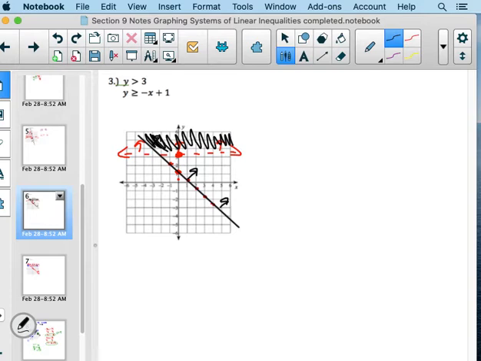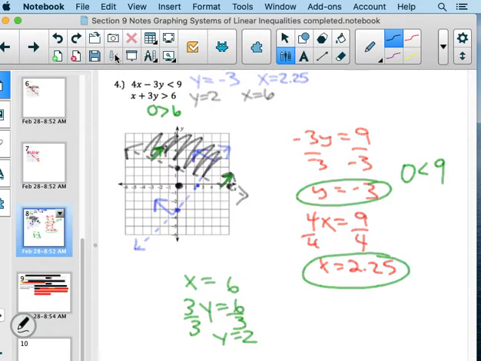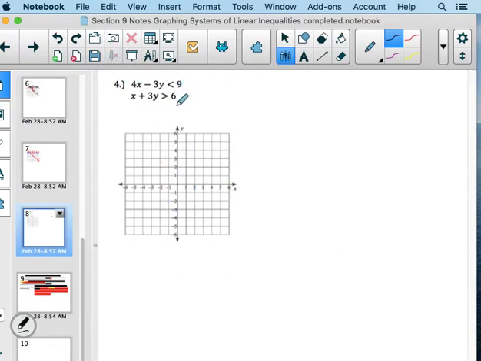All right, so this fourth one, I wanted to look at it together because it's a little bit different format than what we've had so far. These two equations are now in standard form. So to graph, we're going to use our intercepts.